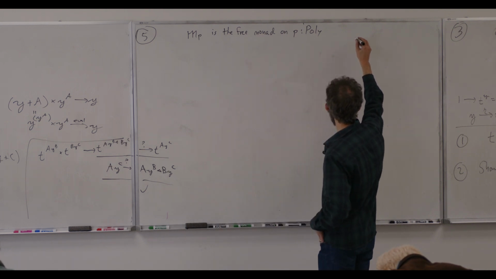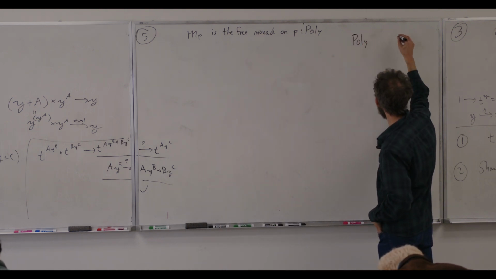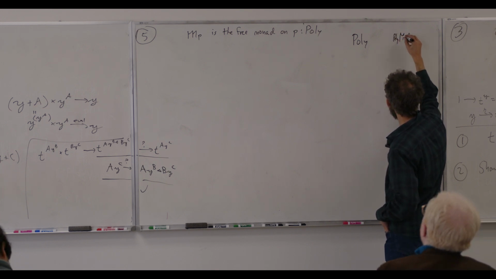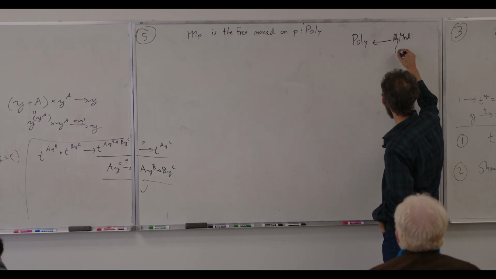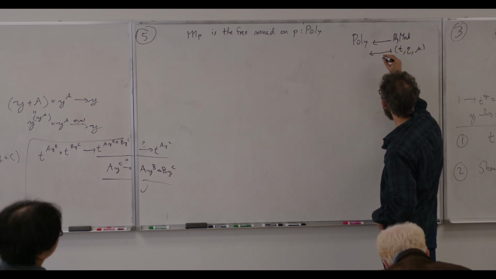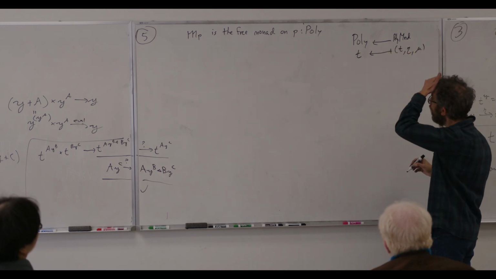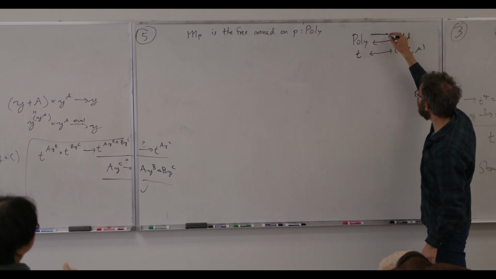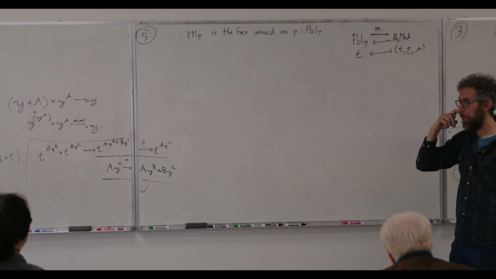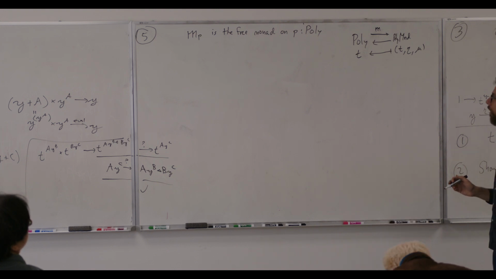If you like adjunctions, then what you would say is you have poly, you have monad, you have polymonad, and every polynomial monad, like T, eta, mu, you can take its carrier, which is just T, and that has a left adjoint, M. And that's what it means that it's the free monad.